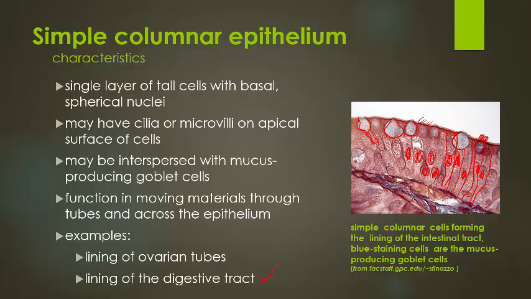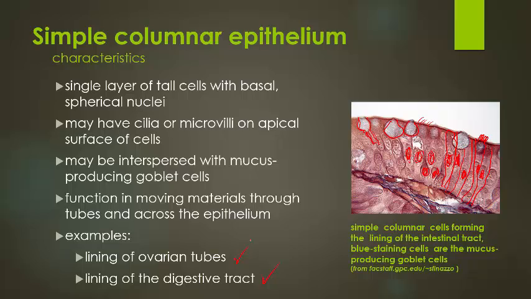The lining of the ovarian tubes is a simple columnar epithelium that has cilia on them that wave and brush the fluids inside of the reproductive system of a female. Brush those fluids along, and in the process will help an egg to float through the fluids from the ovary down toward the uterus.